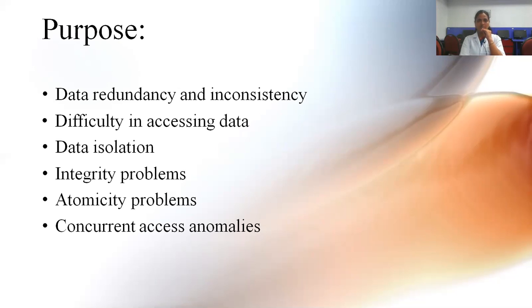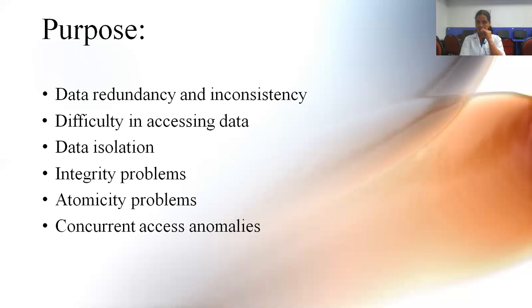So we go for the database management system, where we address data redundancy and inconsistency. Data redundancy is nothing but the repeated copy of data. In file processing, when you store the same data repeatedly, it costs time as well as money, and maintaining those files is very difficult.